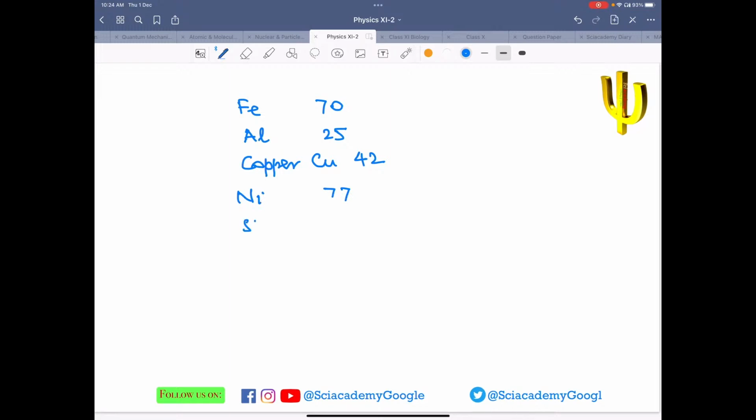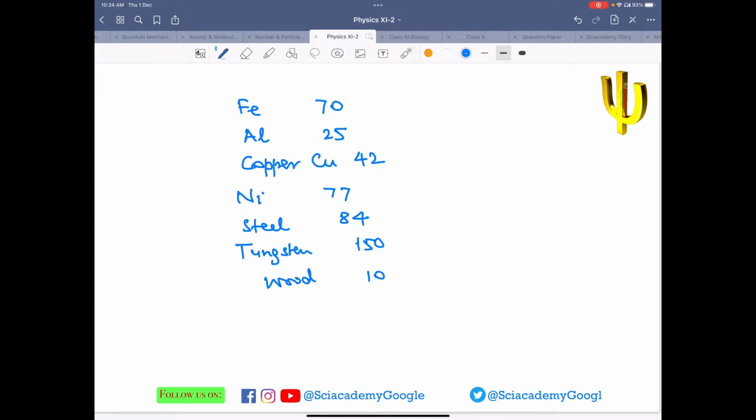For steel, it is 84. And for tungsten, it is 150. And for wood, it is 10 only.